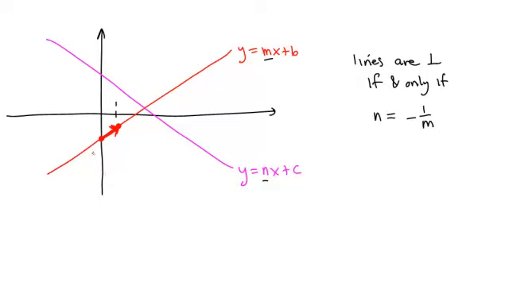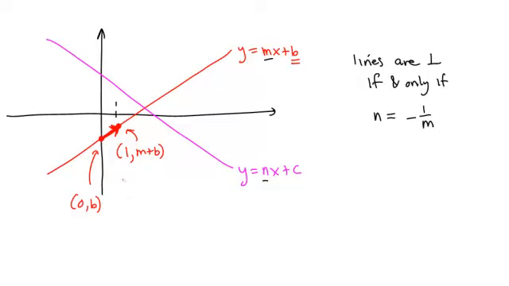Its tail is at the point 0, b, because it's the y-intercept. And then it's gone over 1 unit, so this would be the point 1, and if I plug 1 into my equation, I would have m plus b.